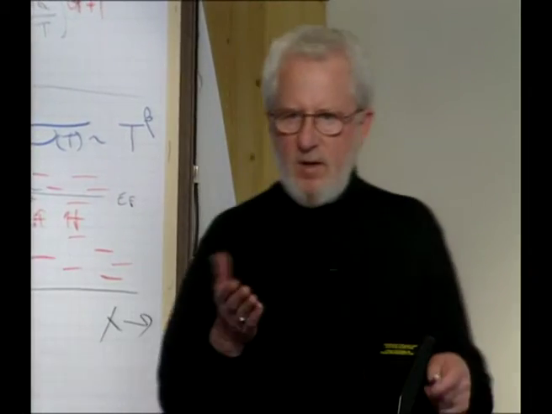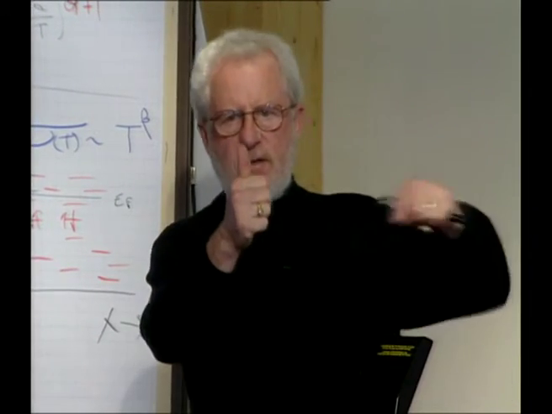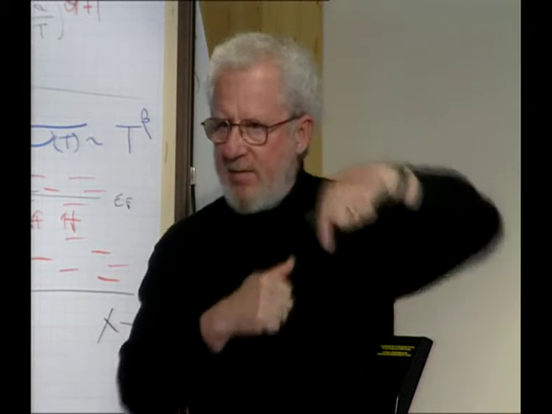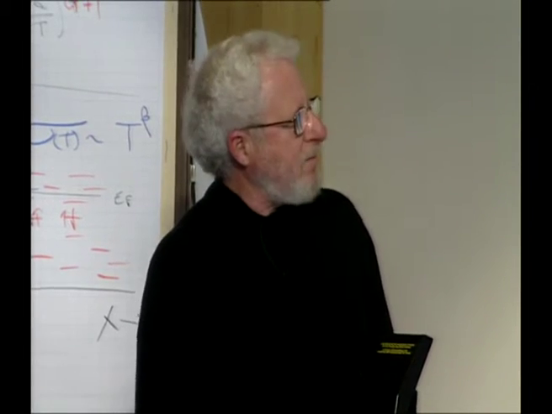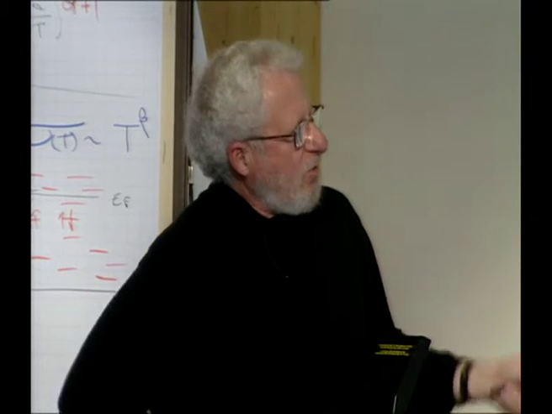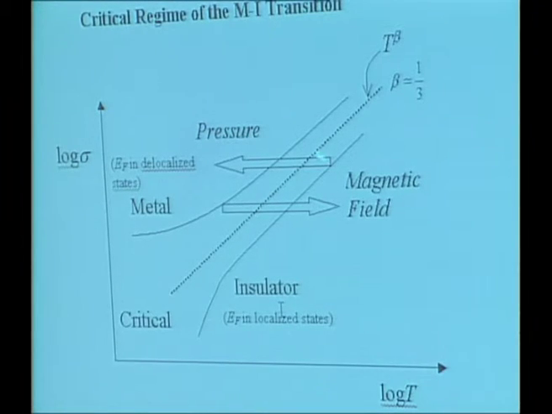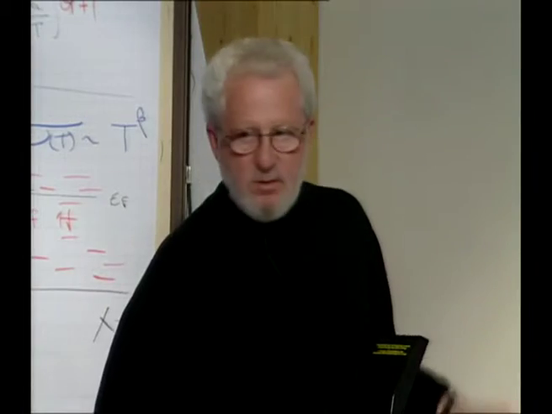What about magnetic field? Well, if you have on a magnetic field, electrons want to go around the magnetic field. So a magnetic field, in some sense, tends to localize. So again, if your system is very close to the critical point, magnetic field can take you this direction.